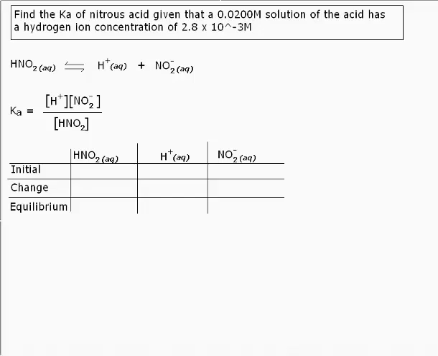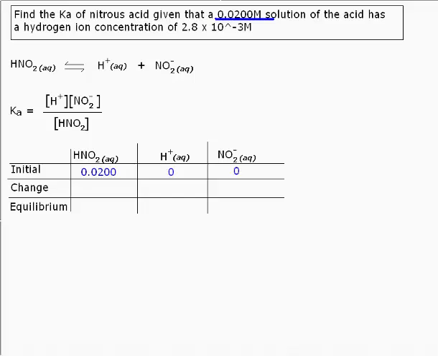The question tells us that the initial concentration of nitrous acid is 0.02 moles. Therefore, we will insert this value in the initial concentration of our ICE table for nitrous acid. We will assume that in its initial stage, nitrous acid has not yet dissociated, therefore its ionic components we will assume to be 0.